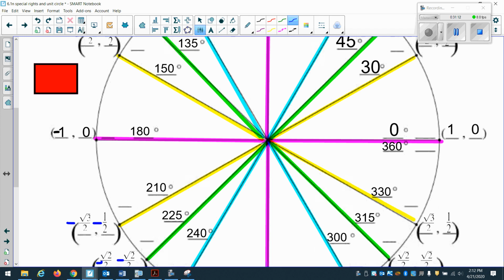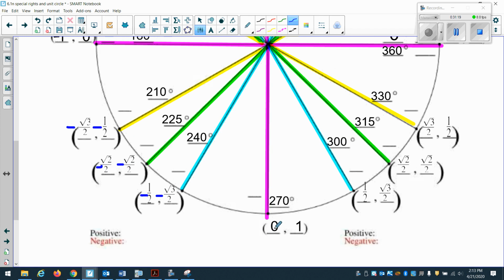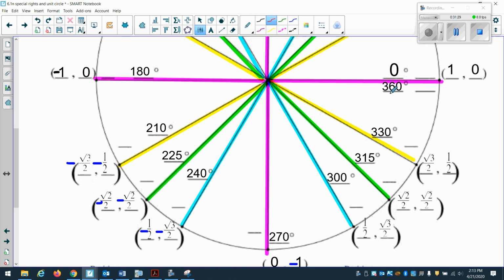Then we get to 270. Opposite from 90. So 0 is still the same for our x value. However, our y is now negative. Then as we move to the fourth quadrant, what's positive, what's negative? Again, same corresponding lines, blue for 60, green for 45, and yellow for 30 degrees.